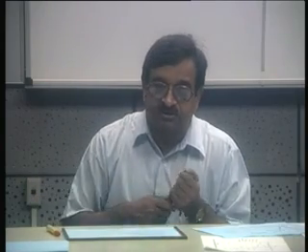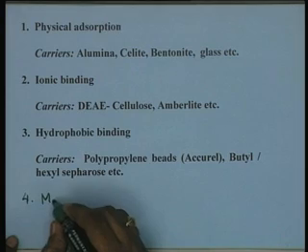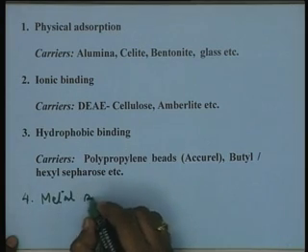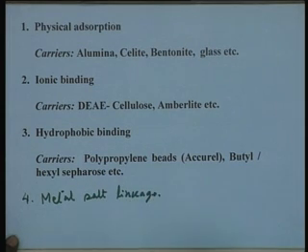Another important group of adsorption methods, which I will also talk about, is metal salt linkage. We will discuss that certain metal salts like titanium tetrachloride and ferric chloride form a kind of inorganic bridge on the surface of the carrier, to which the enzyme molecules can couple.